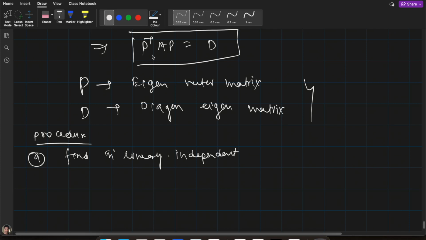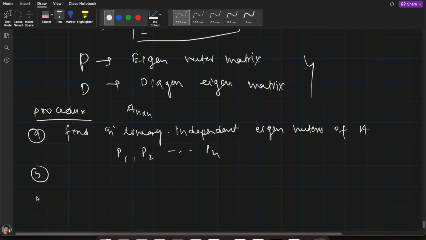Sir, what is n? n linearly independent for an n by n matrix I'm talking about. Okay, first I will complete it. The first step to find P inverse and the diagonal matrix is to find n linearly independent eigenvectors of A, which are P1, P2, Pn.